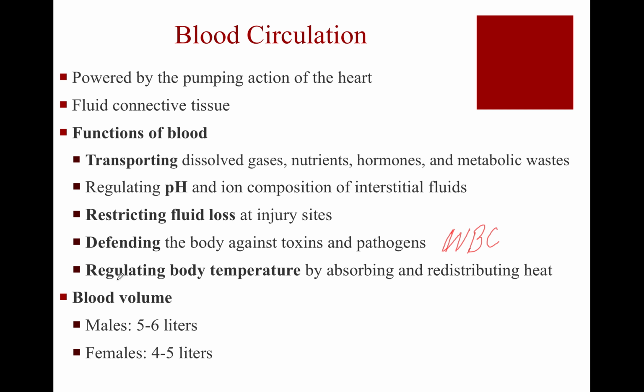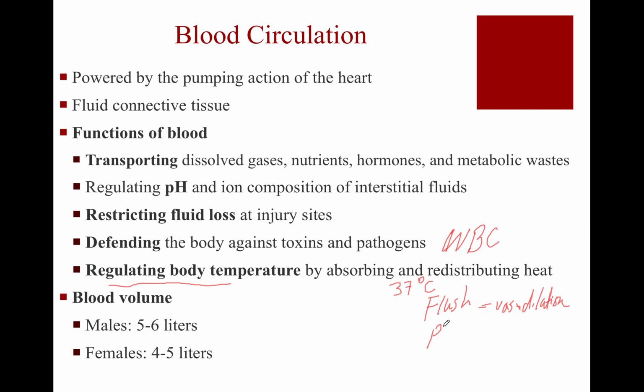Last one is regulation of body temperature. Body temperature, we discussed, is maintained at 34 degrees centigrade. And if you guys remember back, the homeostasis of your body temperature was when you're hot, you basically flush because of vasodilation.